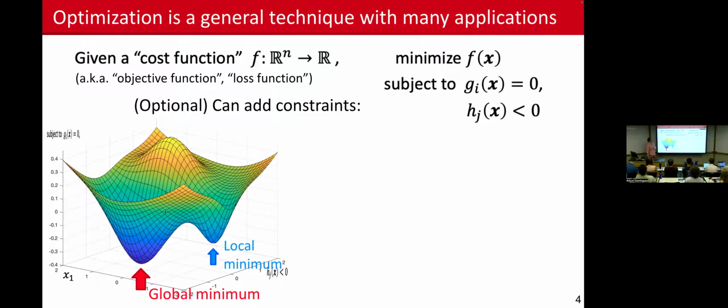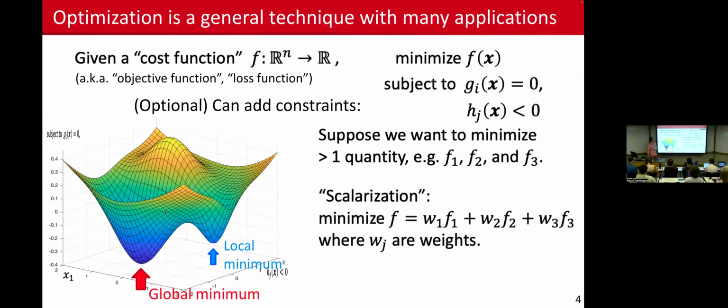Okay, so some other things we can do. We can always add constraints. We might have a set of equality constraints or inequality constraints. So that's all that G and H are doing here. And we might have not just one scalar function we're trying to minimize, but a whole series of them.